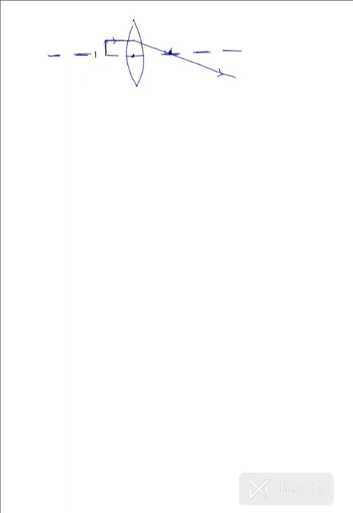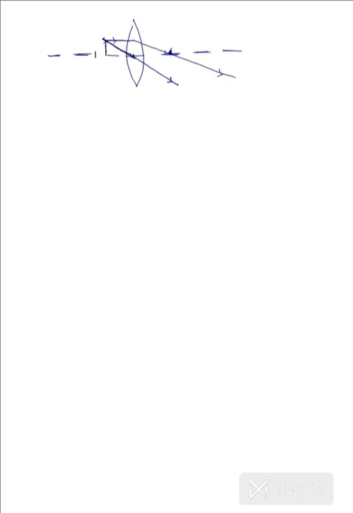So that passes through the focus, while the second ray taken from the tip passes undeviated through the optical center, and as you can see they won't be meeting, they are diverging.